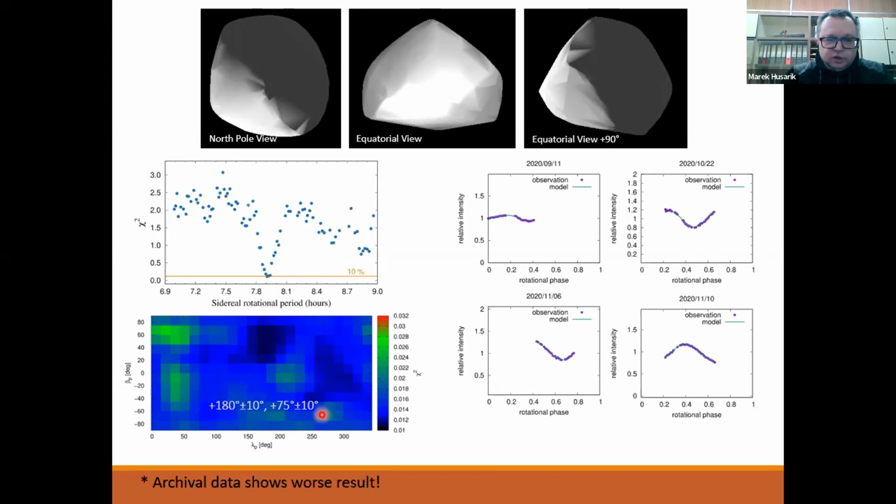Here are the heliocentric coordinates of the North Pole, and you can see some synthetic versus modeled light curves.